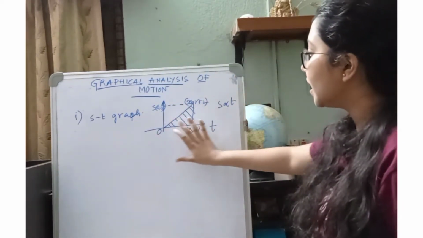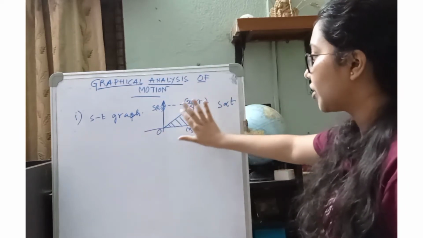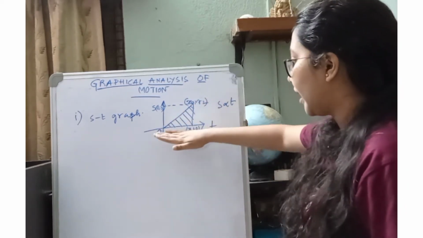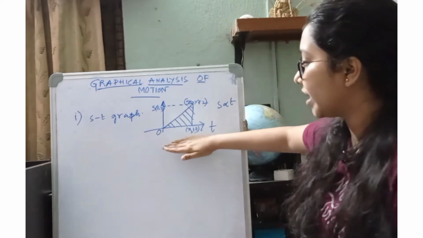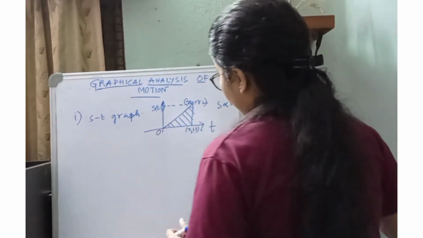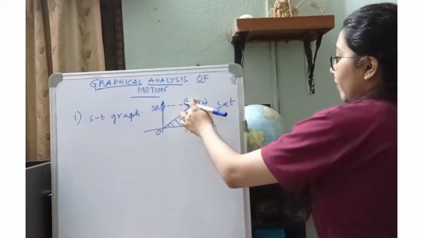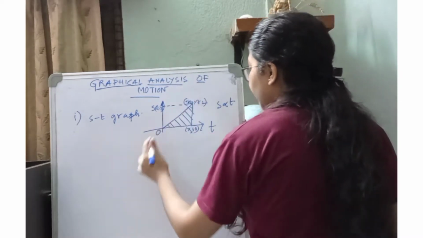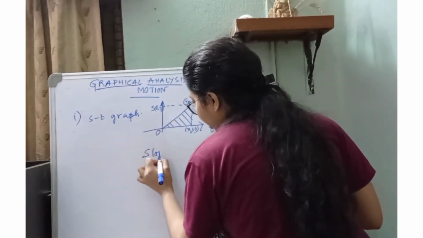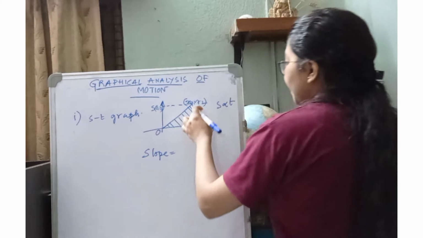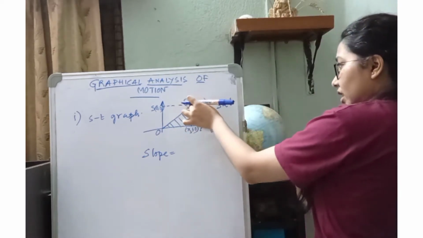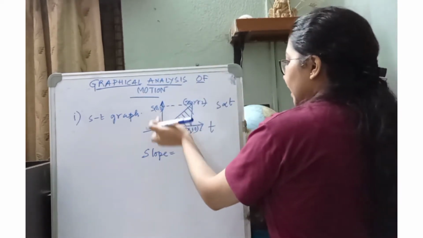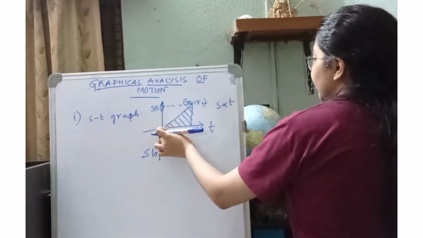Now if we see the triangle which I have formed, the area enclosed by it with the x-axis or the time axis, and we calculate the slope, what is slope? Slope will be y2, that is the final y coordinate, minus the initial y coordinate, which is 0 here.